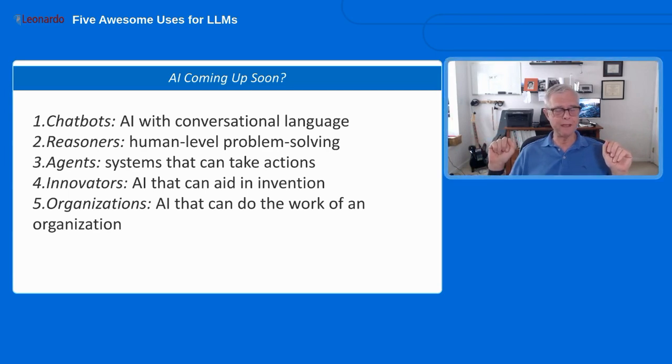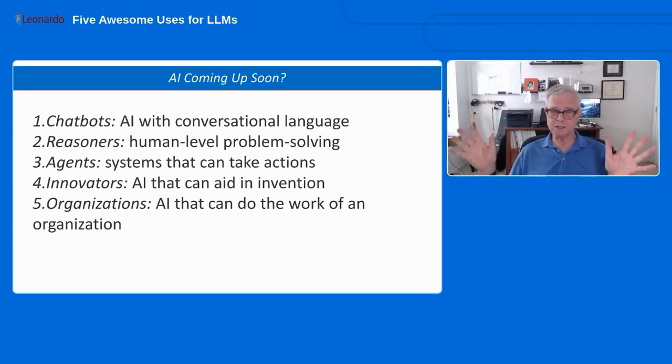And then we have innovators, so a higher degree of invention. So creating new things. That could be new products, new chemicals, new medical treatments, drugs. That's going to be a real breakthrough level when we get AI working on those kinds of things.